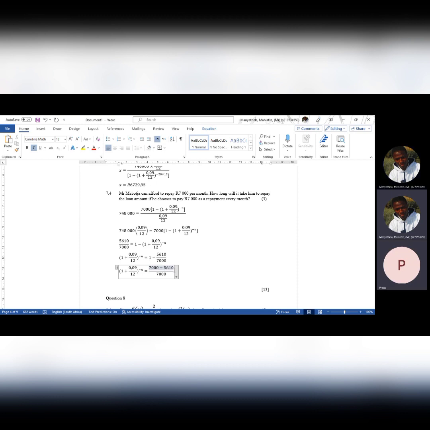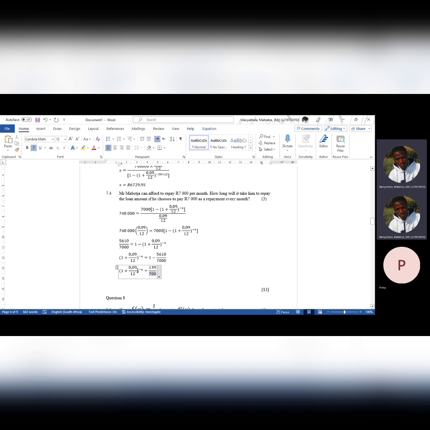It says 1,390. So let's write it as 1,390 over 7,000. We have 0 here and 0 here, this 0 will cancel this 0, this 0 will cancel this 0, then we are left with 139 over 700.